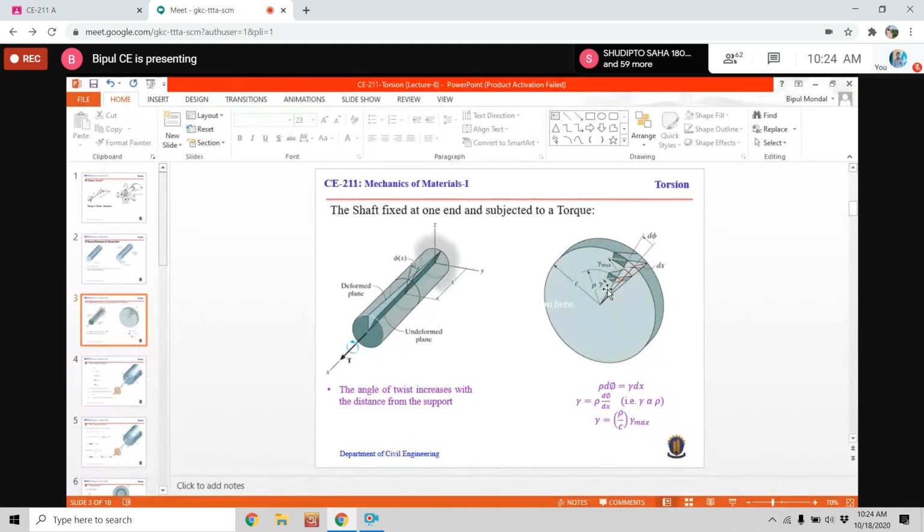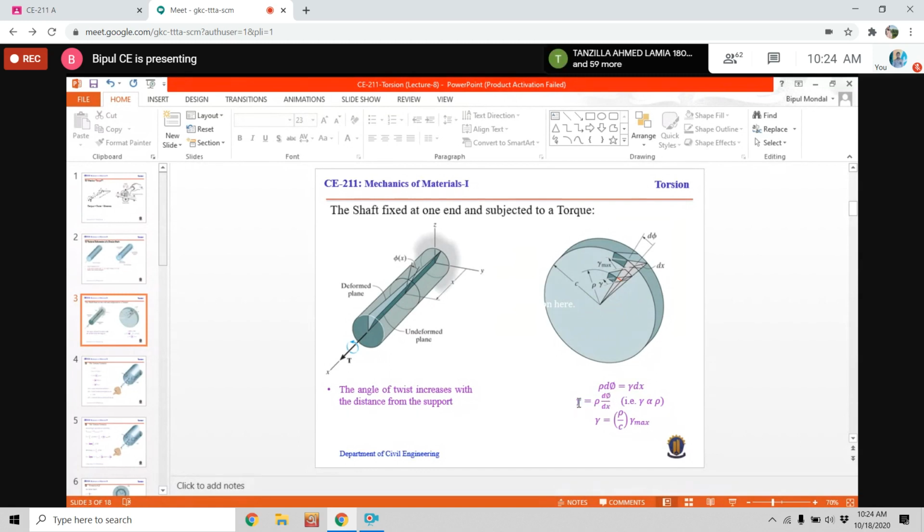Therefore, d phi will be the same for any value of rho, and dx is the length of the element. Similarly, dx will be unchanged for any distance from the origin. Therefore, d phi by dx is a constant.